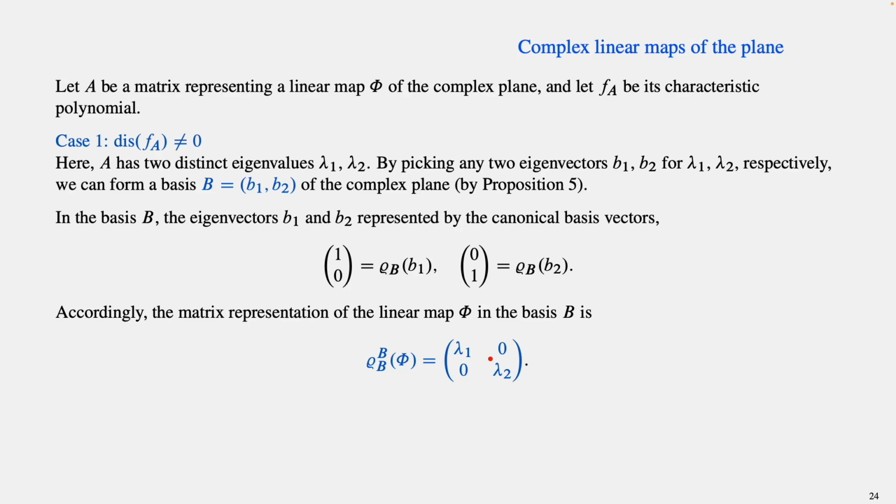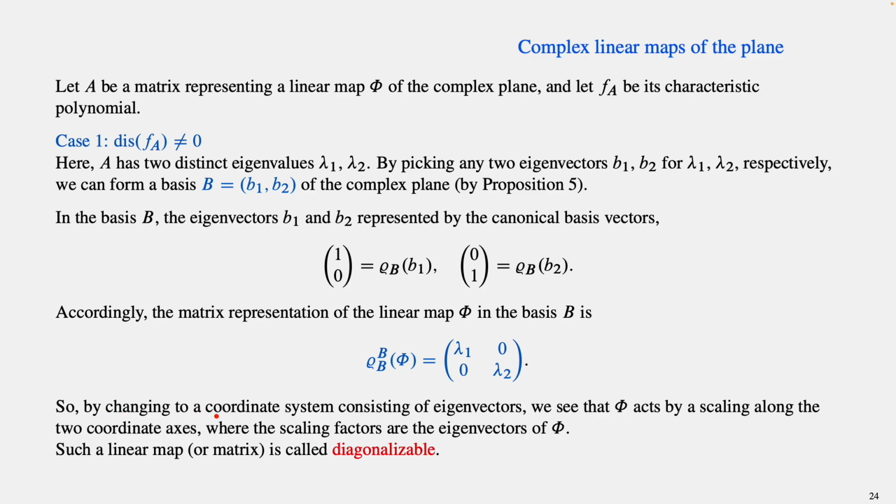Okay, think about it. The eigenvector b1 is represented by this. So if we multiply this by the representation matrix for this basis B, we should get lambda 1 times this vector here. And we get that precisely by having lambda 1, 0 as the first column of our matrix. And similarly for the second eigenvector, we should get lambda 2 times this, and that is obtained by getting 0, lambda 2 in the representation matrix.